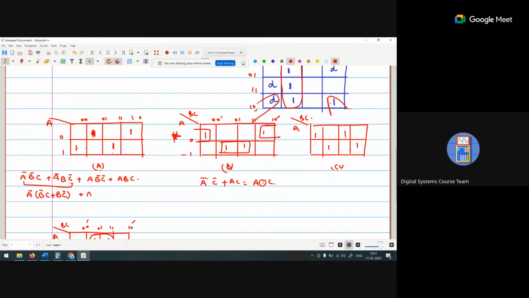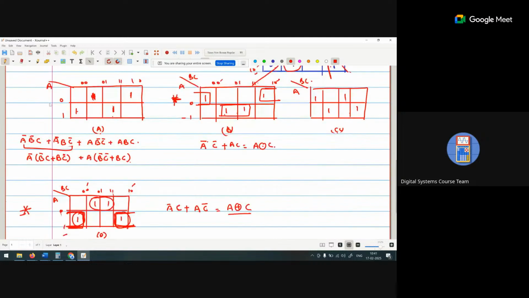For these two I take A as common: A (B bar C bar plus B C). Now can I write it as B XNOR C whole bar, because it is a B XOR C. So I'm just writing B XNOR C bar.